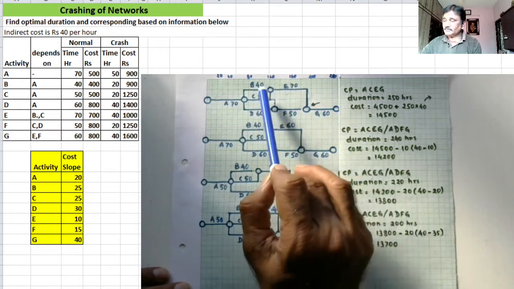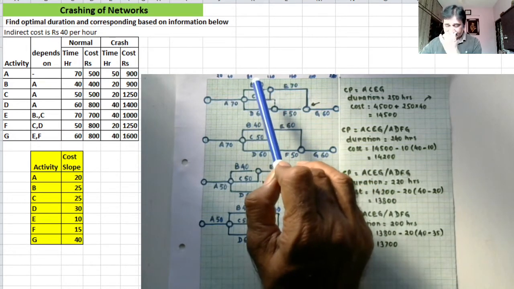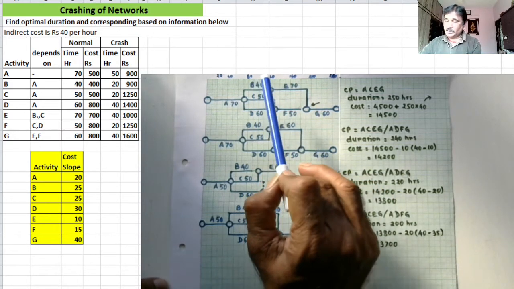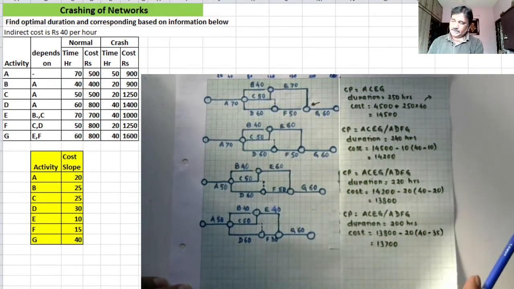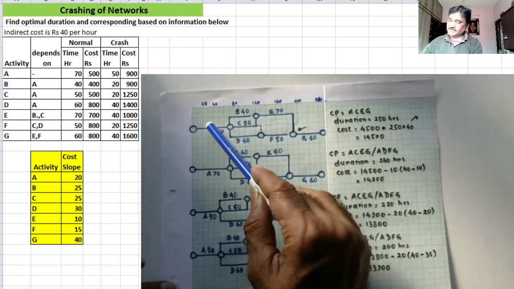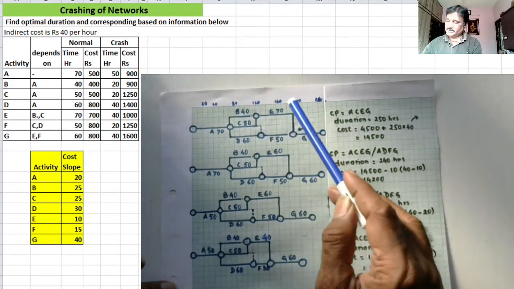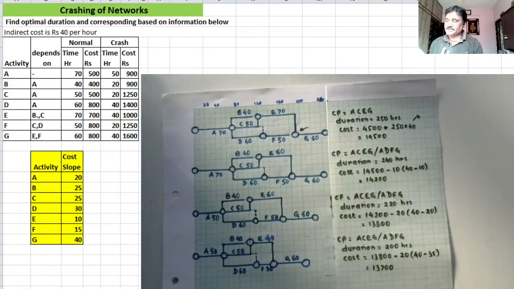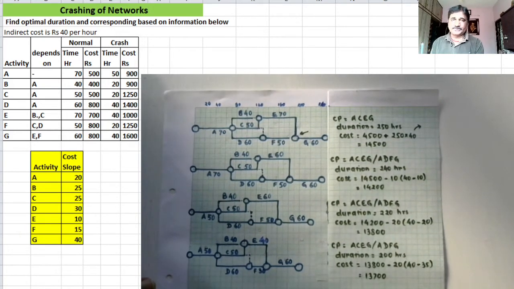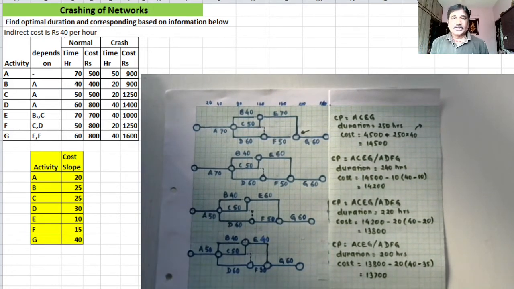Right? So don't crash the activity which is not on the critical path. If you crash activity A, C, E or G, the project completion duration will get reduced, and when the project completion duration gets reduced, indirect cost also decreases. Now it is an interplay between the crashing cost and the indirect cost.